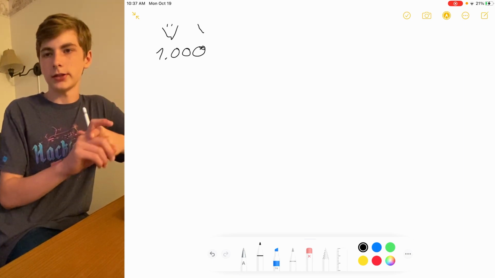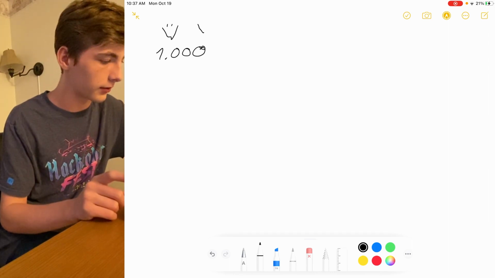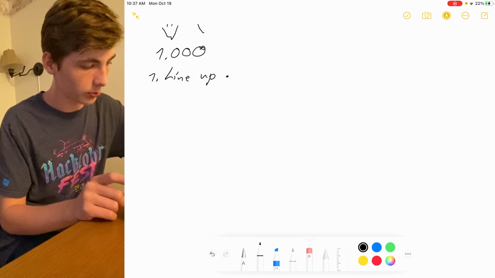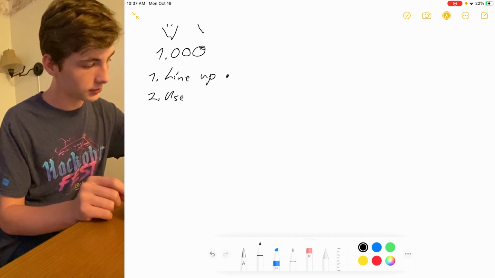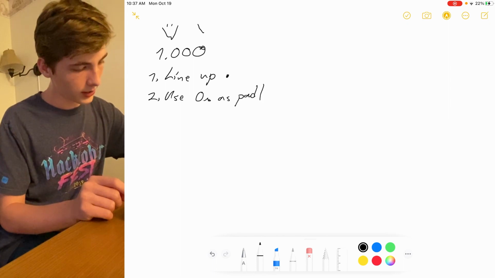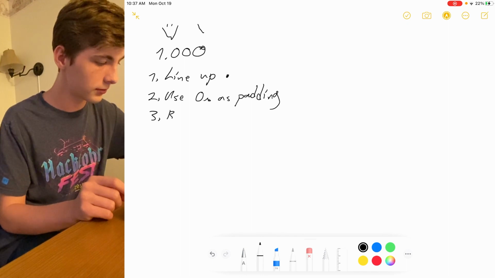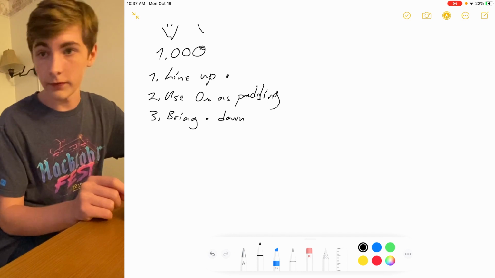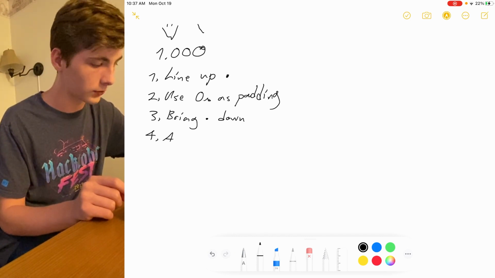For decimals, it's a simple process. First, we're going to line up the decimal points. Let me write this down. Line up decimal points. Second, we're going to use zeros as padding, and then we're going to bring the decimal point down, and finally we'll just add like regular numbers, or subtract.